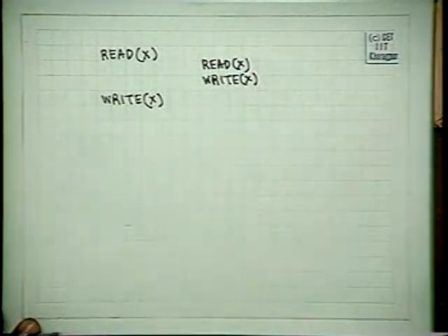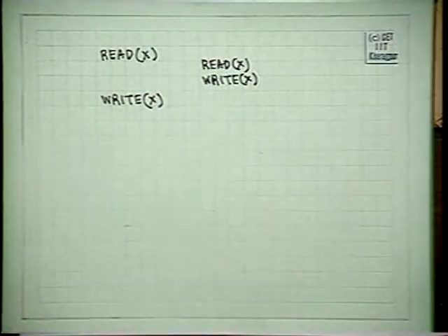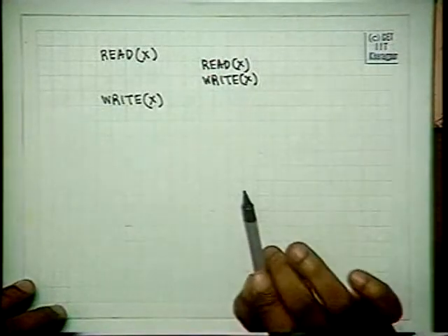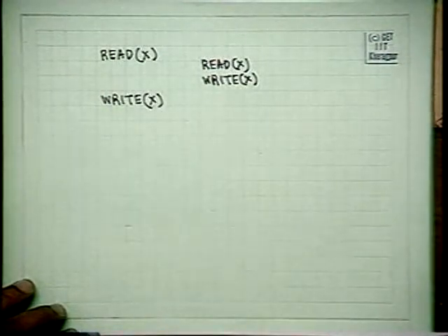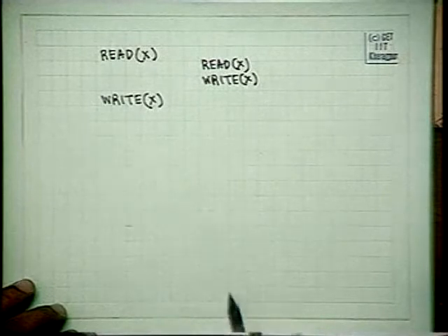Can we swap them? As it is, the transaction is inconsistent, but we are just seeing whether swapping is allowed or not. Given an arbitrary concurrent schedule, they are swappable only if by swapping the actual result does not change. That is our criteria.